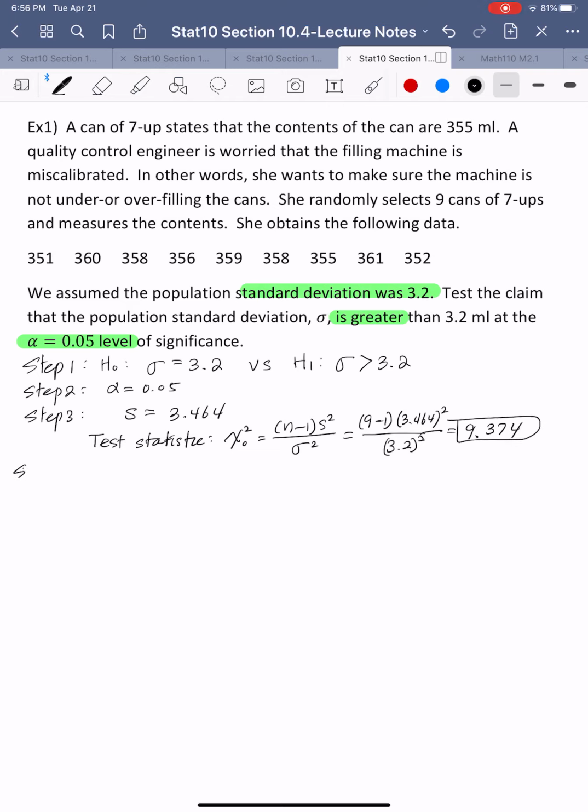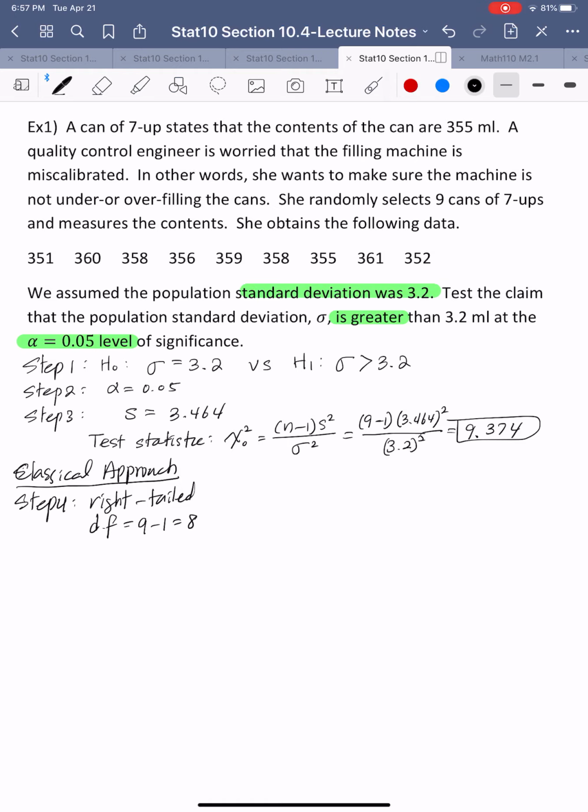So step 4, we do the classical approach. This is a right tail because it's a greater than. Then we determine the critical value at alpha equal to 0.05 level of significance with the degree of freedom of n minus 1, which is 8.